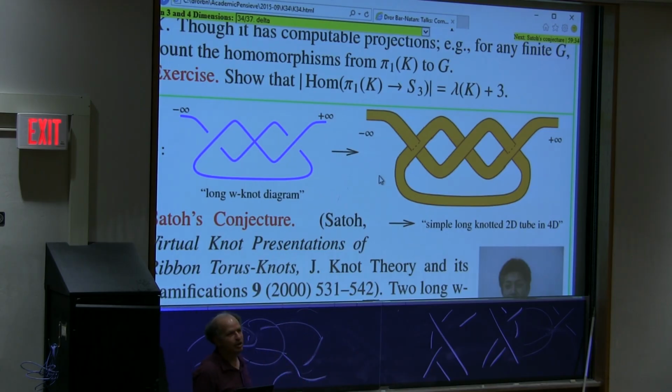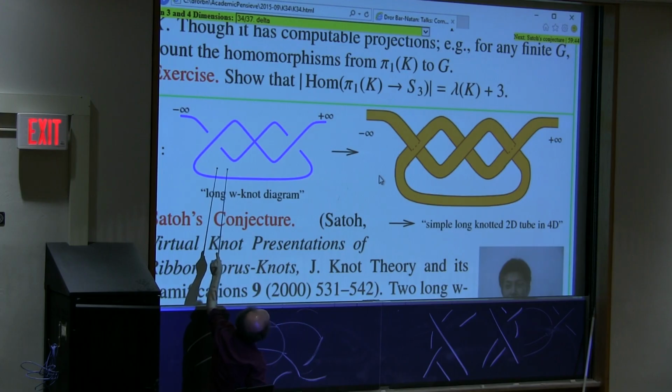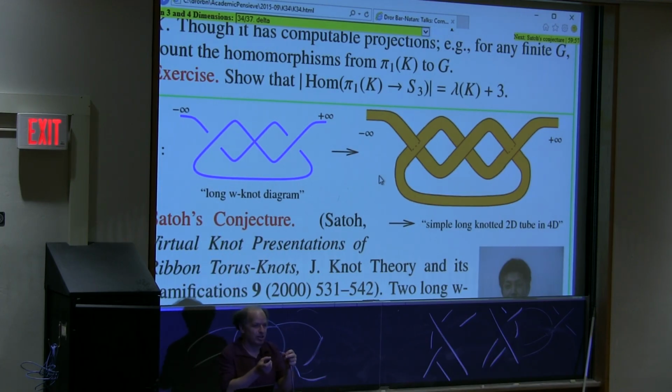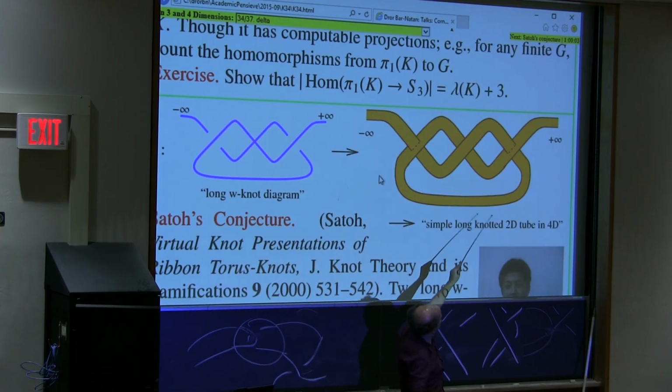Good. So, you see, before I told you how you can interpret diagrams that have crossings and virtual crossings as knottings of tubes. So schematically it's shown here.